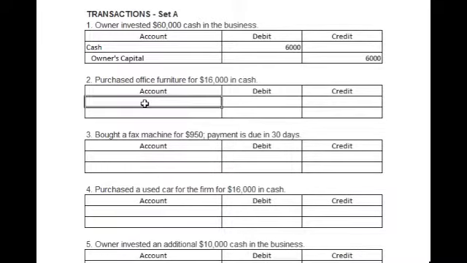The second transaction says purchased office furniture for $16,000 in cash. So right away, I focus on cash often. It says we purchased and we spent cash. So I know that our company spent cash.